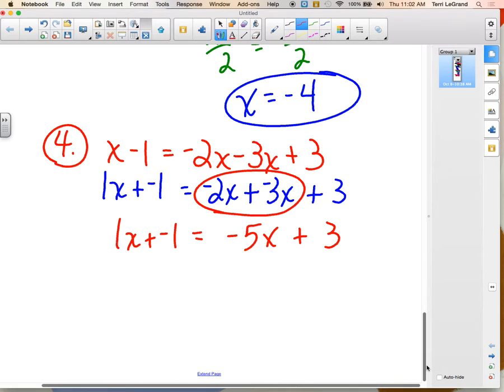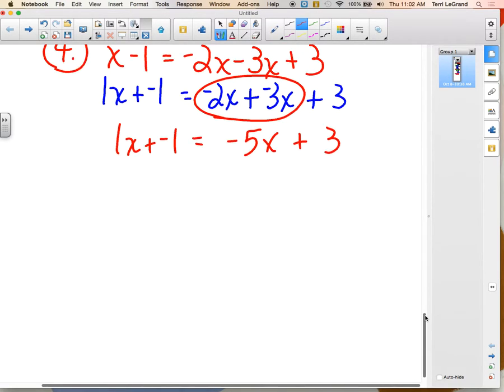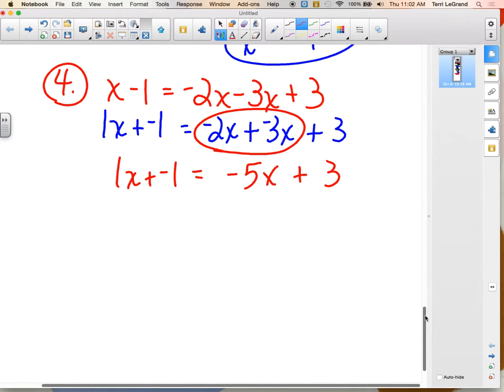Now we're back to a problem that has constants on both sides with the variable terms. So now we get to say to ourselves, I want to make a good decision here, maybe to avoid negatives. Anybody want to suggest what we might do so we don't have to be so calculator dependent?